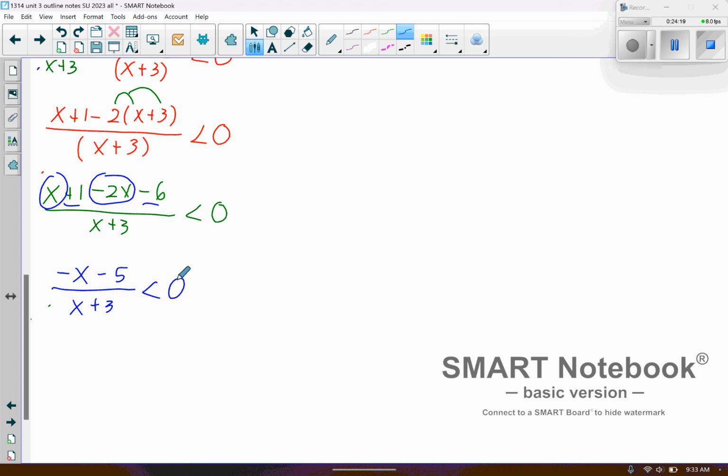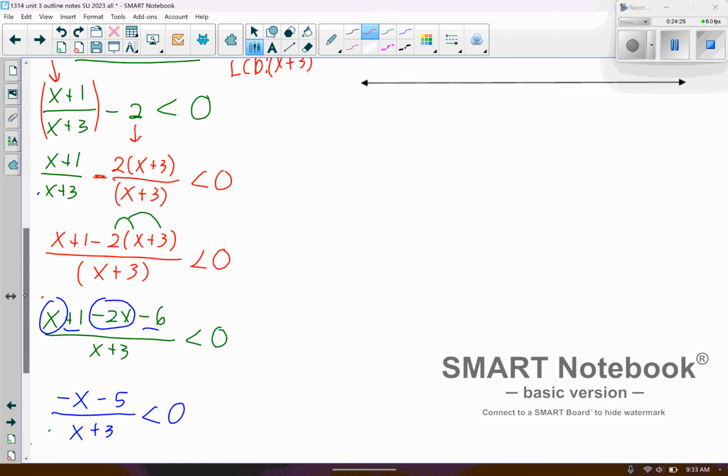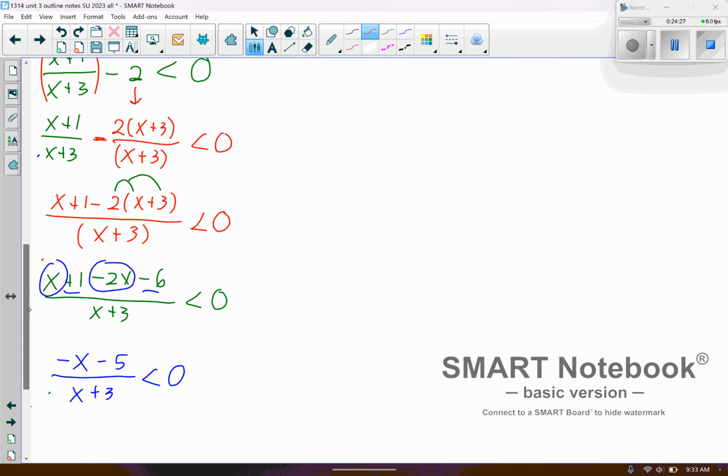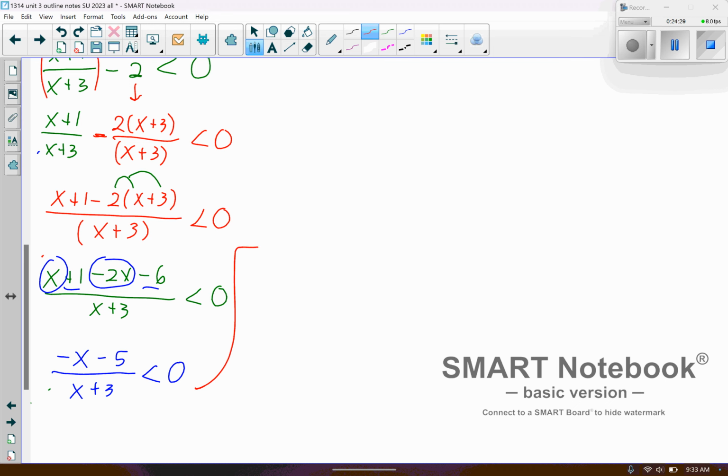If you recall, the key points that we need to find are the x-intercept by setting the numerator equal to 0, and I'm going to do that up over here. So for my x-intercept, we set the numerator equal to 0, so negative x minus 5 equals 0.